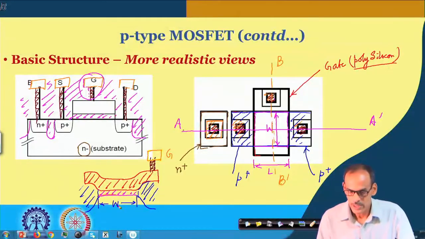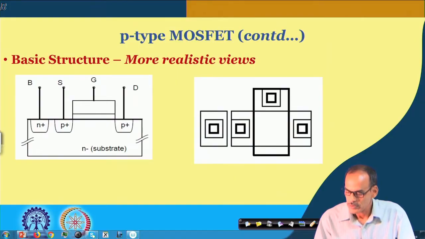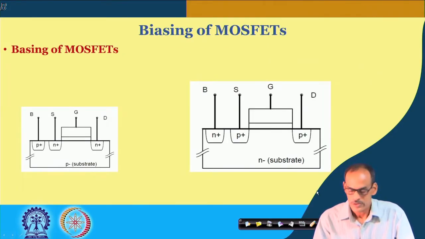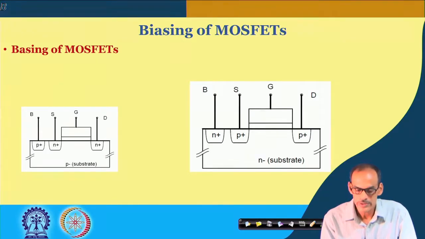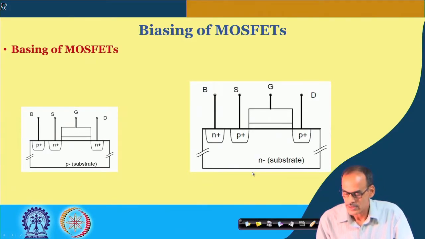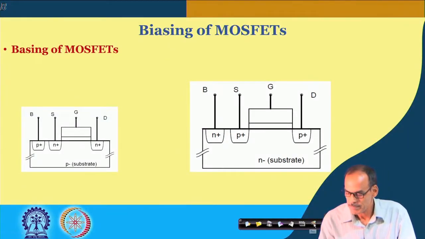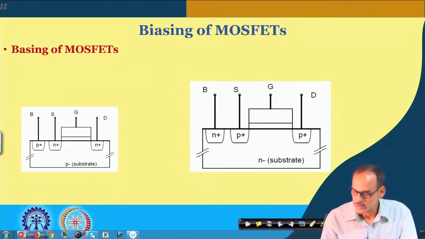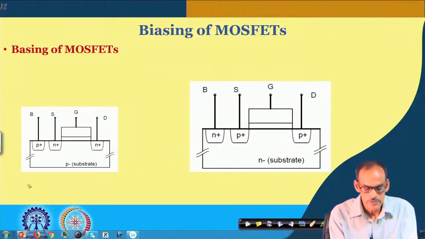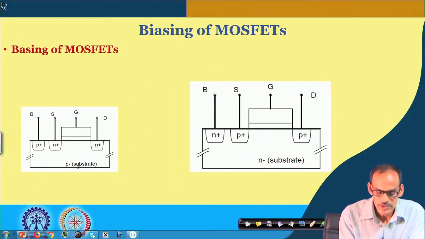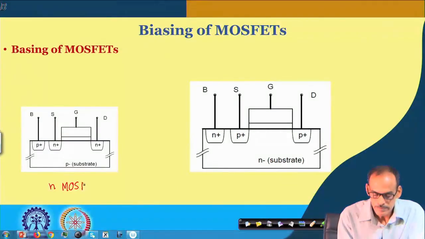Now, see how we bias this circuit. So, let us think about the biasing. Primarily we will be covering the PMOSFET, but just for our reference we are also keeping the NMOS structure. So, for your reference, this is NMOS, and if you recall how we have biased it.